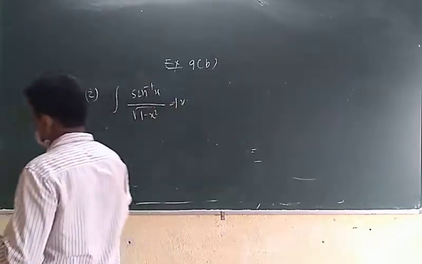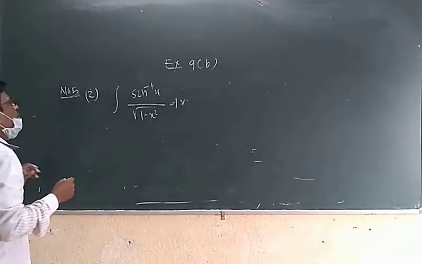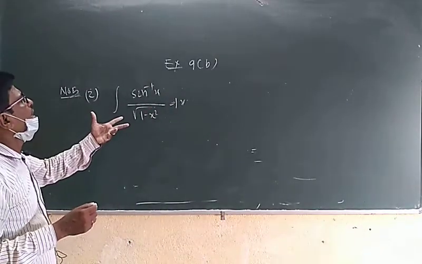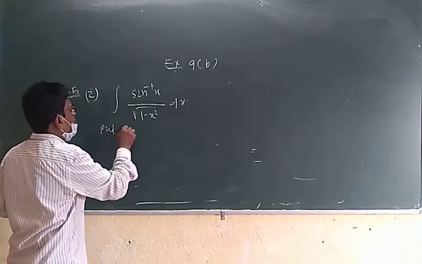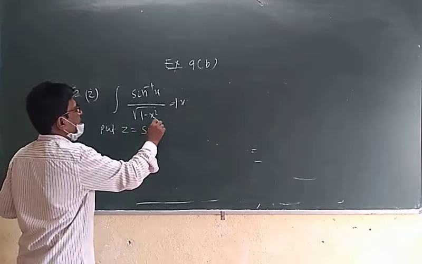If it is an inverse function, you look, the numerator part is taken as z. Put z as the numerator, that is sin inverse x, put z is equal to sin inverse x.